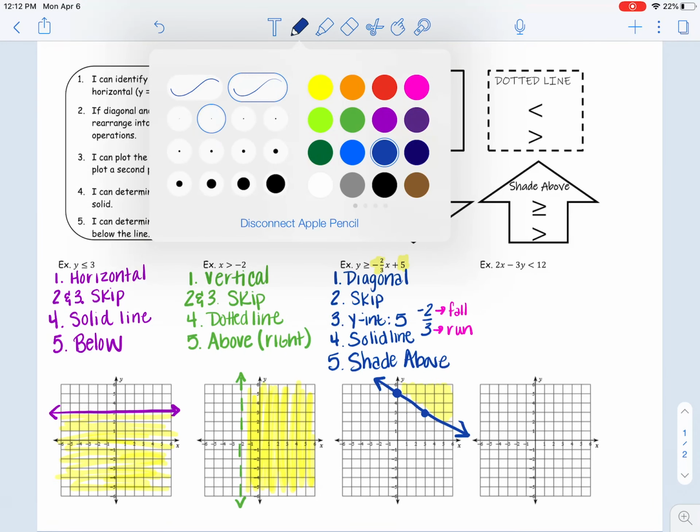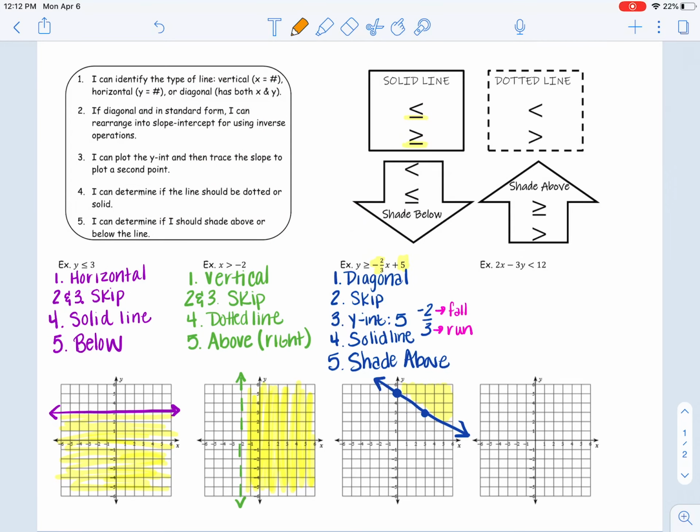The last one, that's going to be the hardest one, I'm not going to lie, but we'll get through it. Okay, so number 1, 2x minus 3y is less than 12. So I'm going to start, identify the type of line. Is the line vertical, horizontal, or diagonal? It has x and y in it, so it is diagonal.